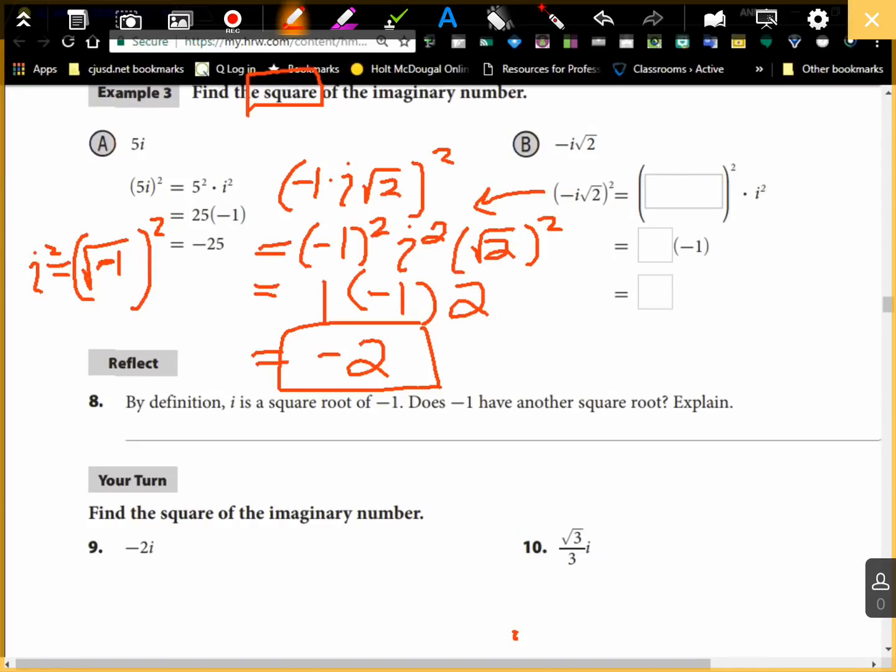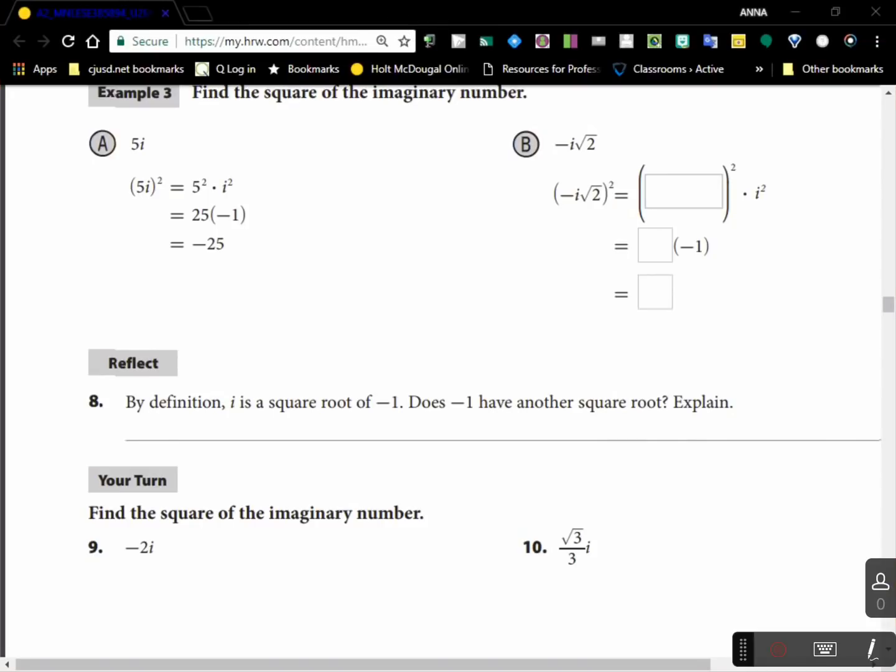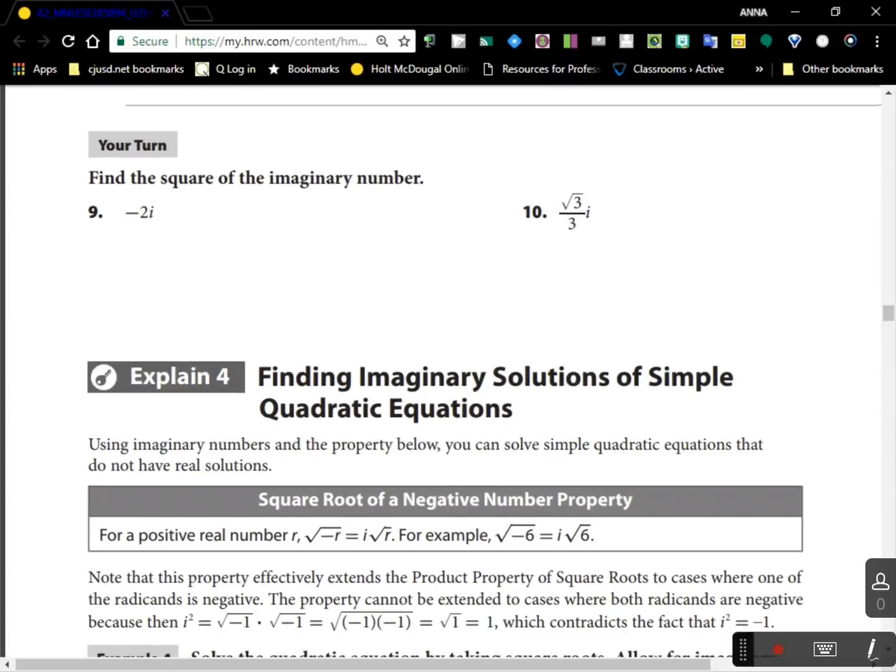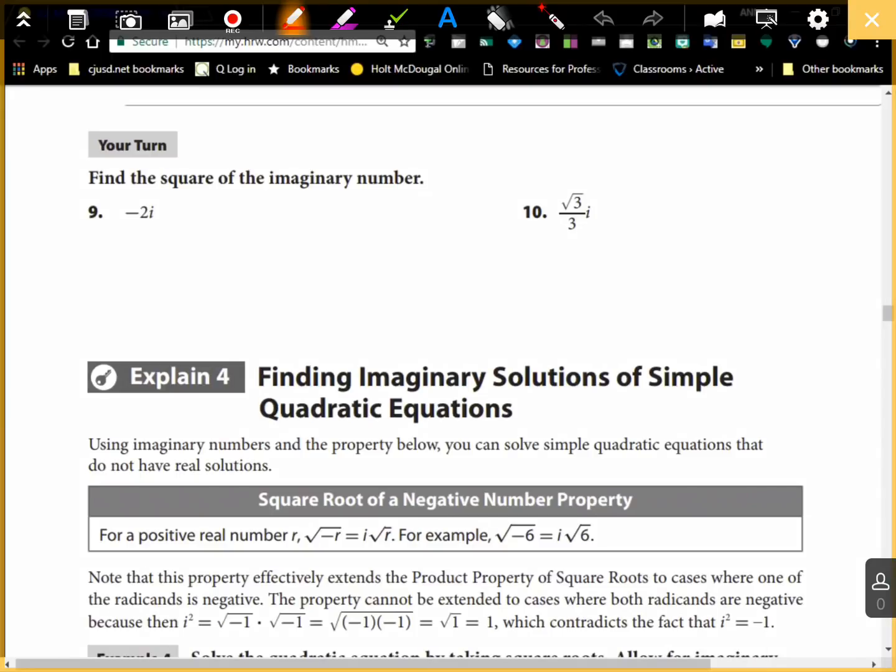All right. Okay, let's look at number 9. I have negative 2i. What do my directions say? Okay, so I'm going to square it. So I get negative 2i squared.